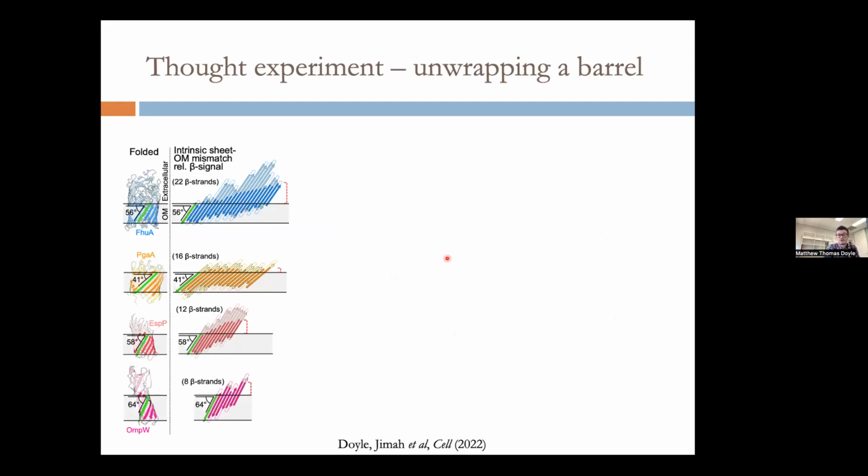So I did a thought experiment. These are the best experiments because you don't have to pay for consumables. So I took some solved structures of E. coli beta barrels. Here's the large one, and here's a small one. And I imagined, let's hold the beta signal strand in plane in the outer membrane in place.